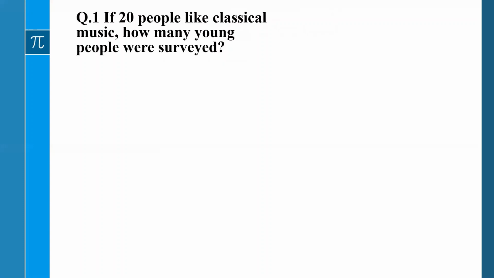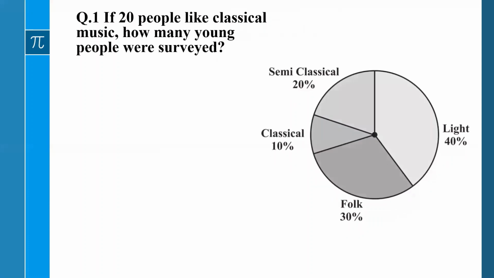So here you have to find the total number of young people who were surveyed. Reading the pie chart again, you have to focus on classical music. For classical music, the percentage, you know, is 10%.